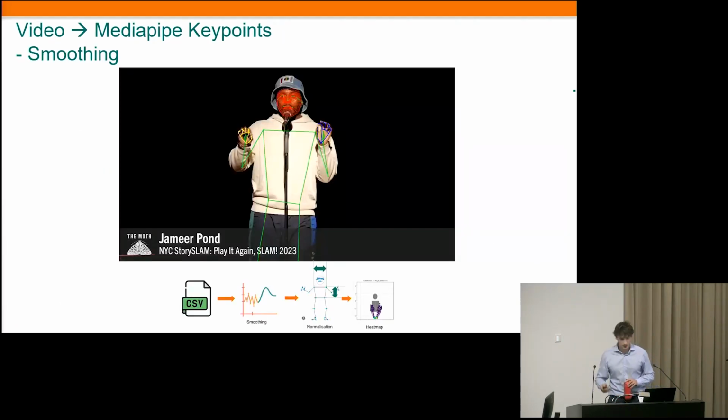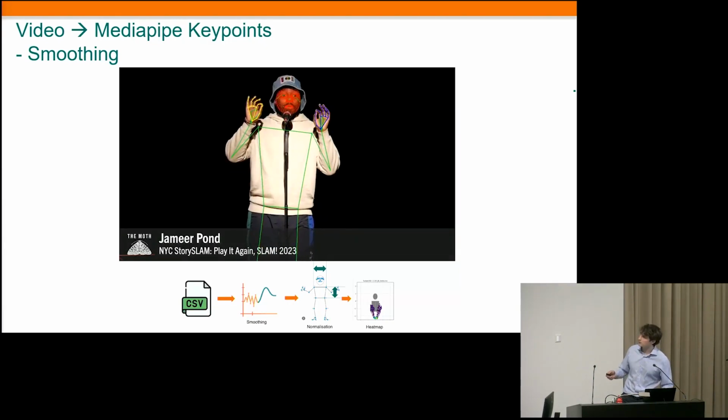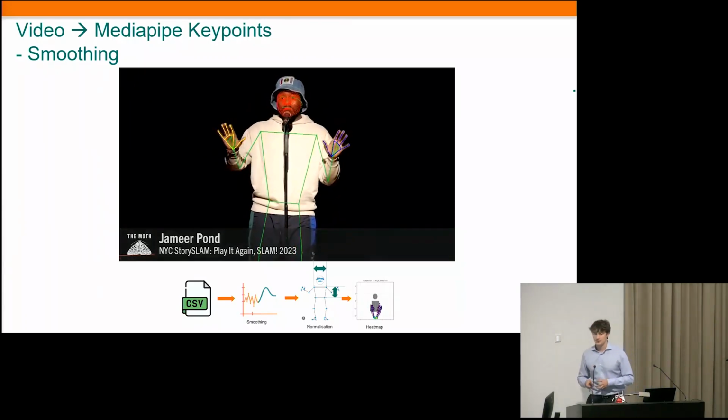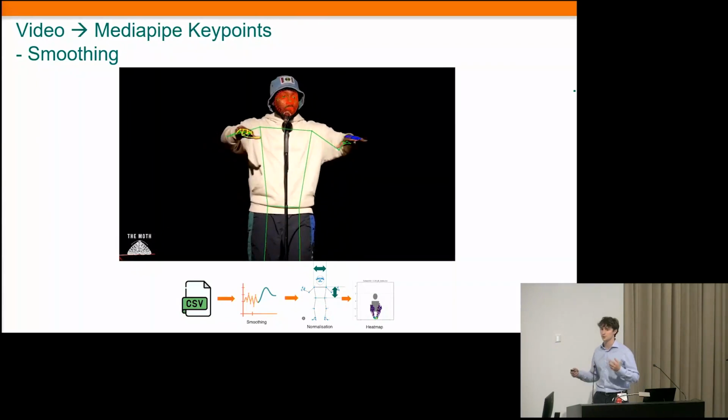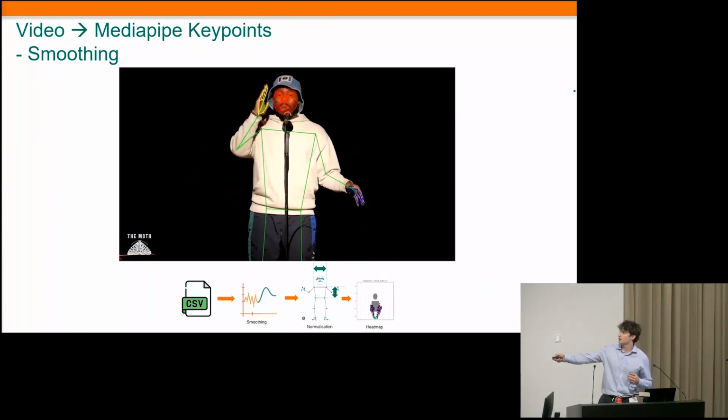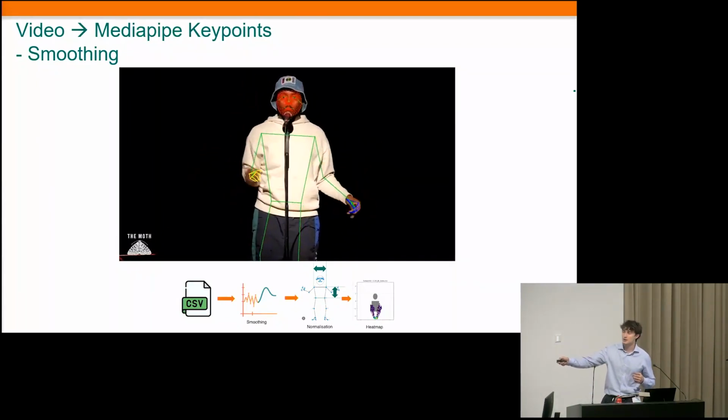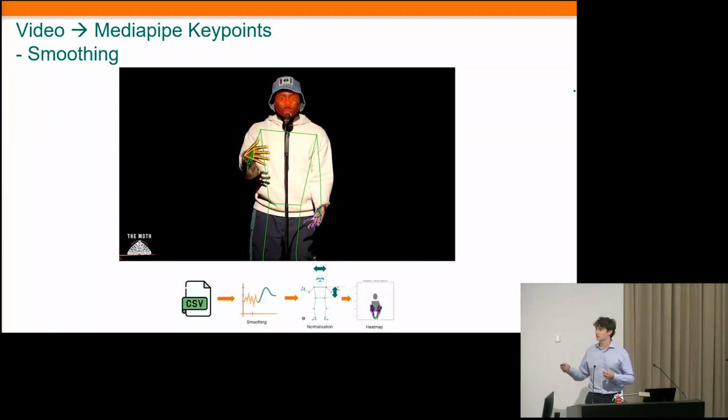Why do we need smoothing? The key points we get in this CSV file don't always represent the real world. As we can see here, there is a lot of jitter in the hips. This is not the actual movement of the person.